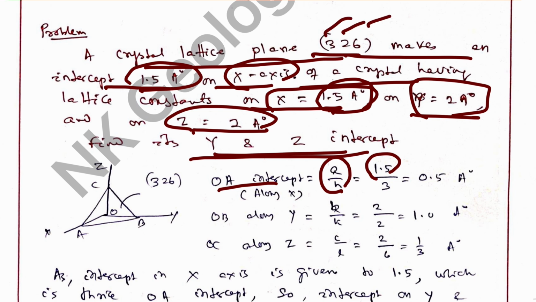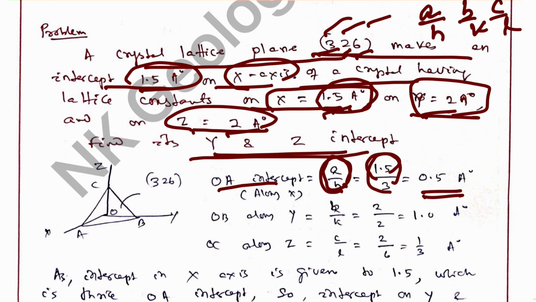We know the intercept on any axis is given by a by h, b by k, c by l, if the plane is hkl, having Miller indices hkl. So here we have, this is a, this is b, this is c, and this is h, this is k, this is l. So the intercept on a will be a by h, 1.5 by 3 is equal to 0.5 angstrom.